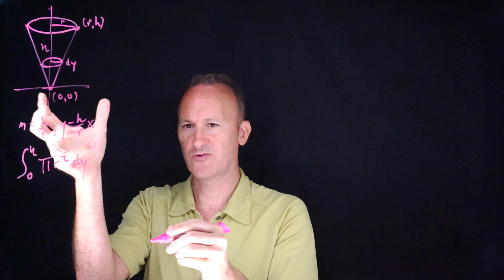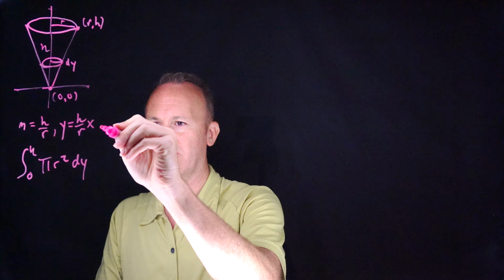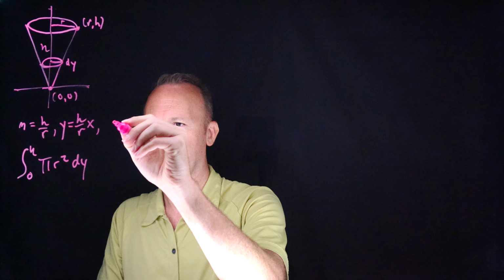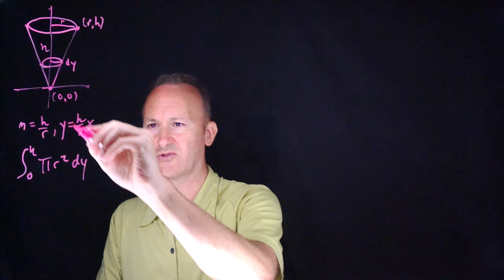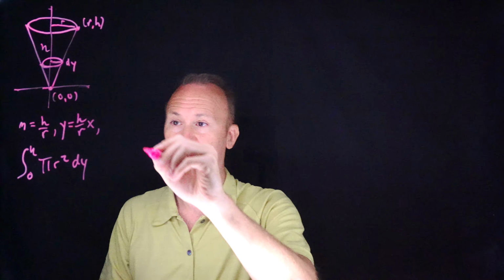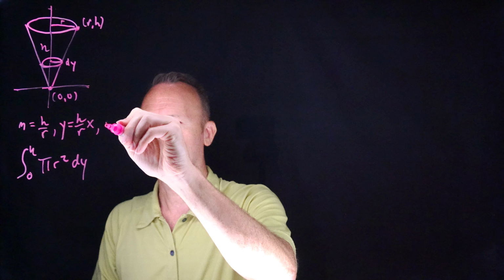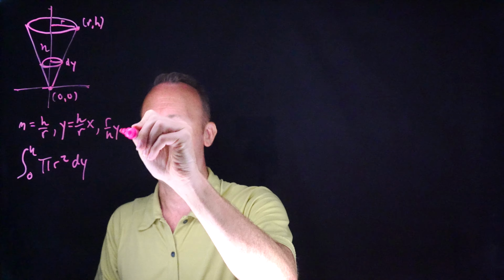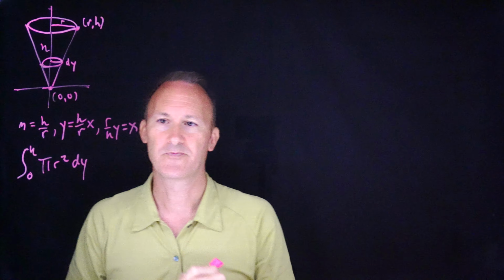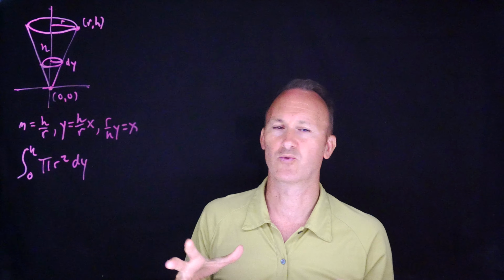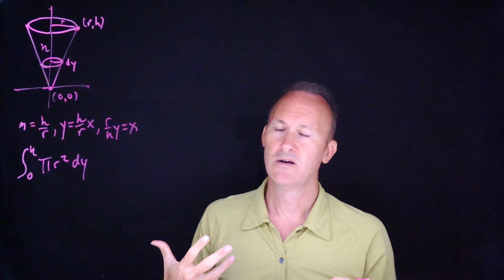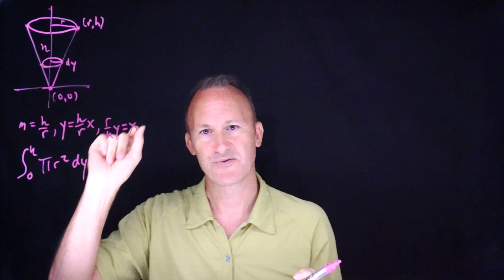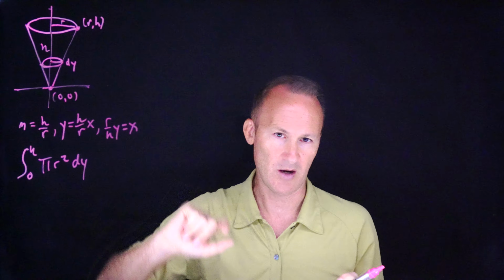If we want x as our radius, then we need to say what x equals. So we multiply by the reciprocal, and you get r over h times y equals x. Now, keep in mind the only real variables here are x and y in terms of the problem.